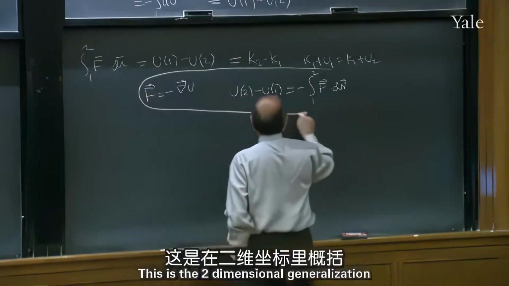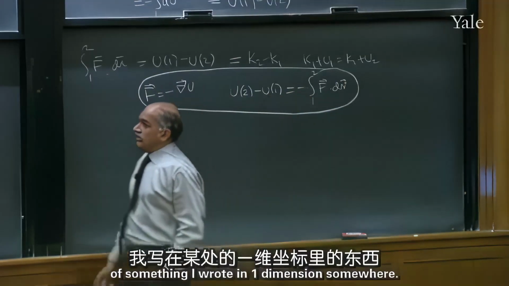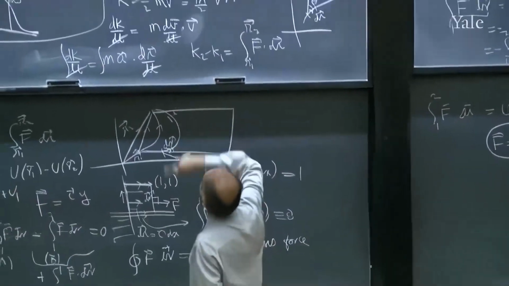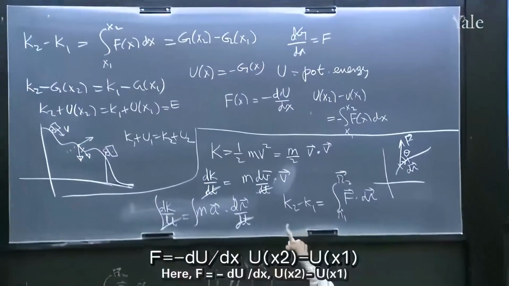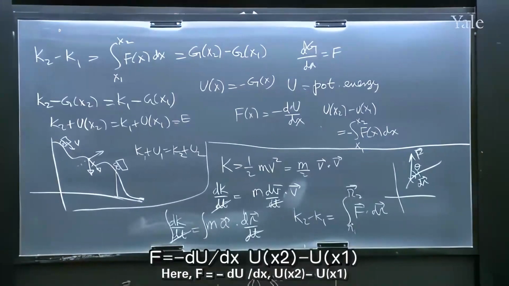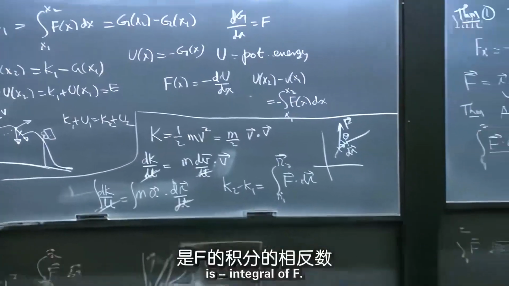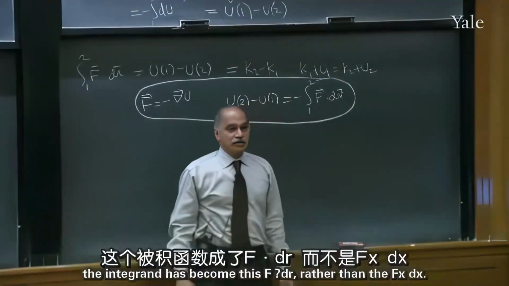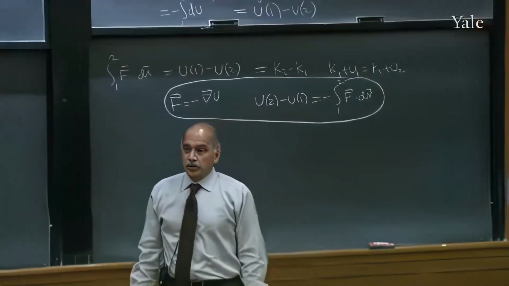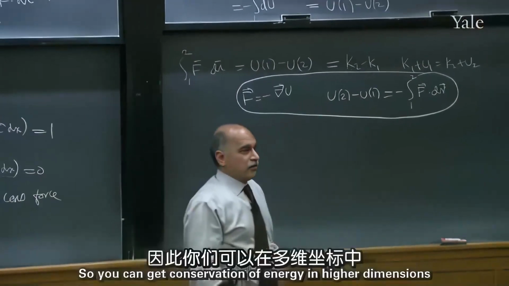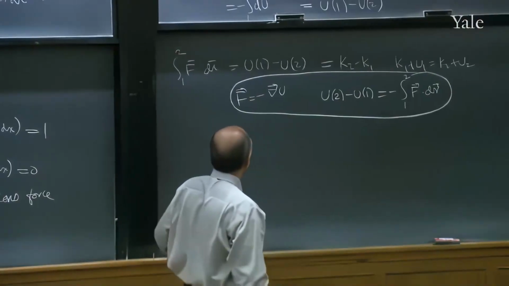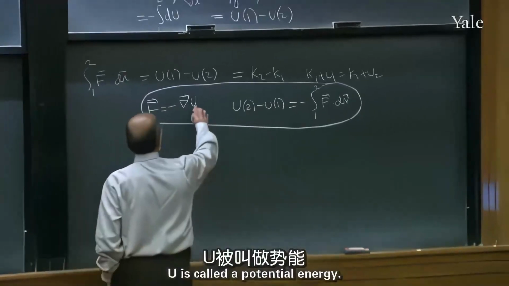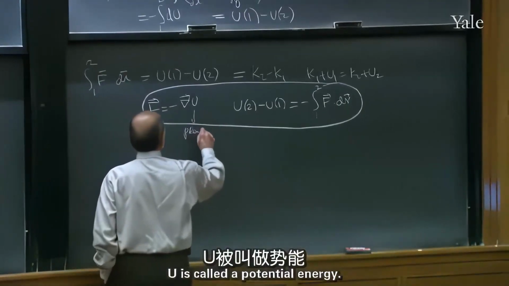This is the 2-dimensional generalization of something I wrote in 1 dimension somewhere way on the top, where f is equal to minus du dx, and u(x2) minus u(x1) is minus the integral of f. The only difference is the integral has become this f dot dr rather than fx dx. So you can get conservation of energy in higher dimensions for those forces that come from a potential. U is called the potential energy.